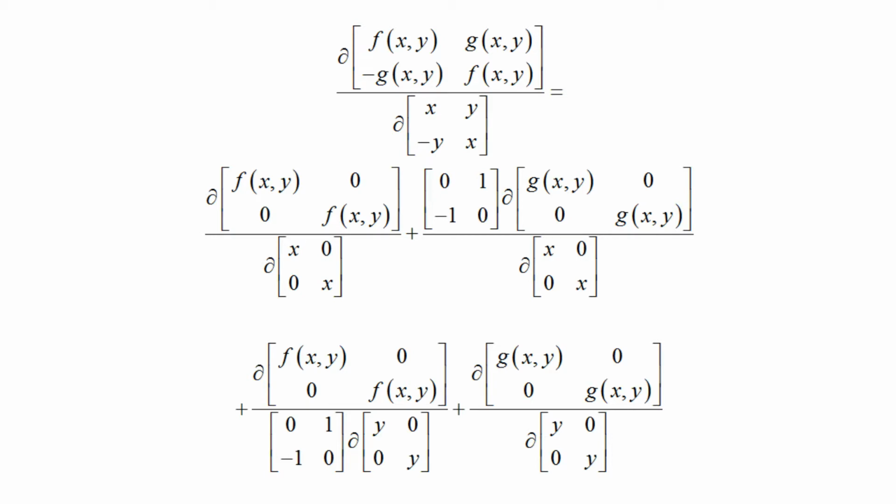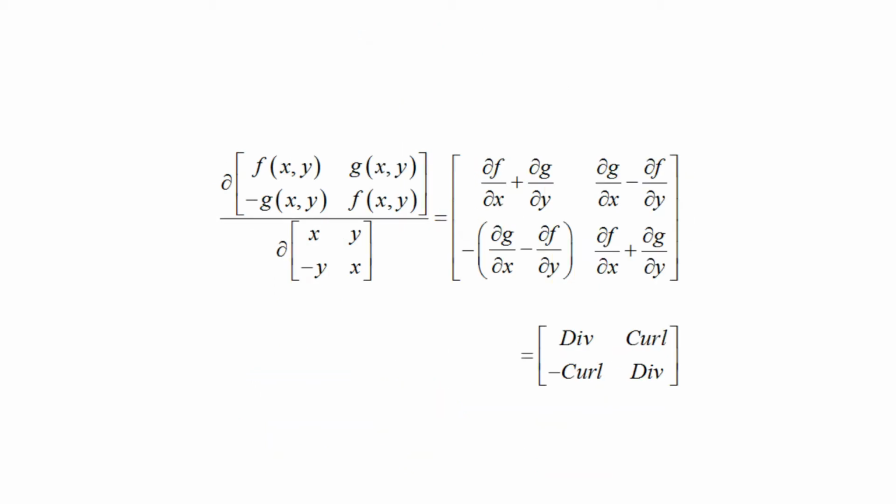We now have the differential written as four real differentials. Doing the calculation gives the divergence and the curl of the function we differentiated. If we differentiated a real function, we would get the gradient.